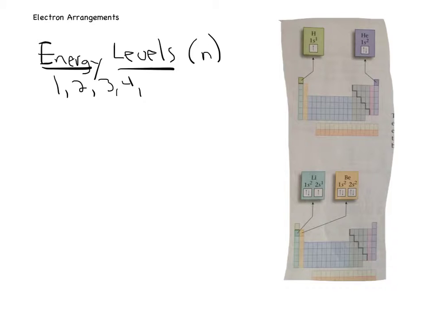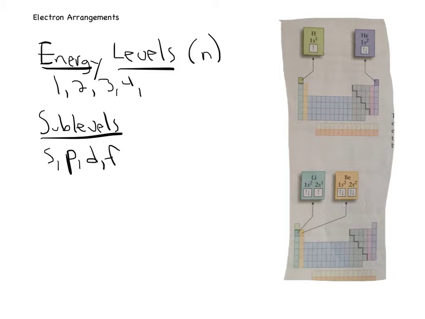Then we talked about sublevels. So there's an s sublevel, a p, a d, an f. You might think, well, is there anything besides an f? There is.